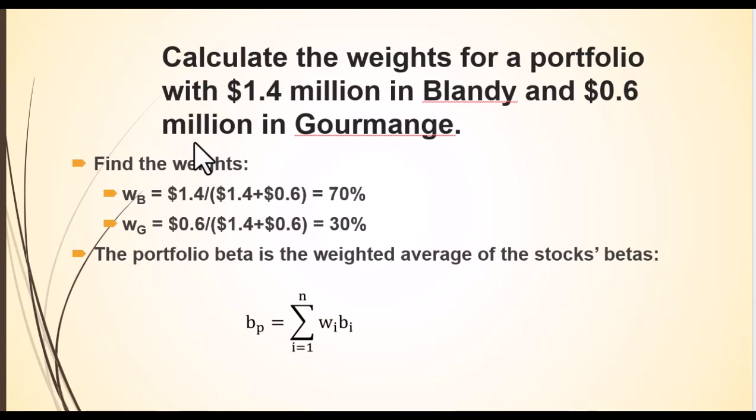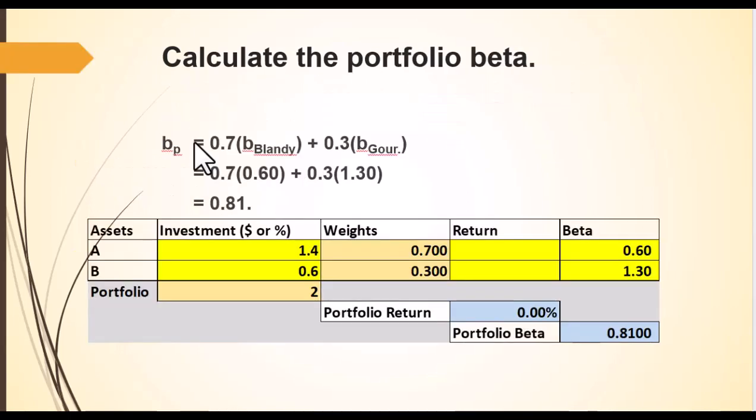How do you calculate the beta of a portfolio? Very similar. It's the weight times the beta of the individual stock, added all together. So it's a very similar calculation to how we calculated the return for a portfolio. If you put 70% of your money in Blandy, 30% in Gourmage, that portfolio would have a beta of 0.8.